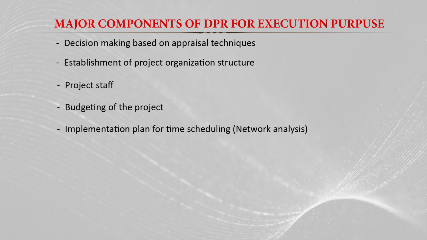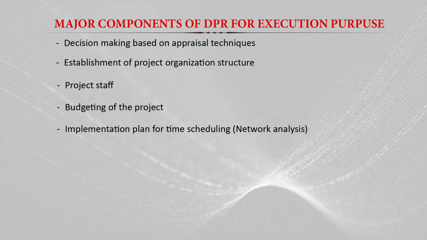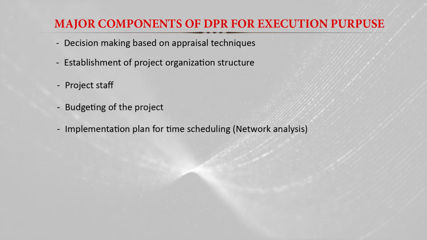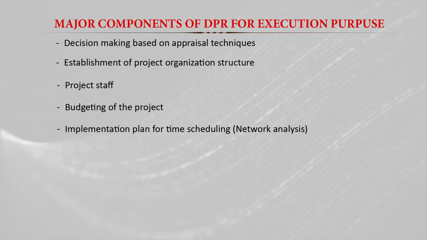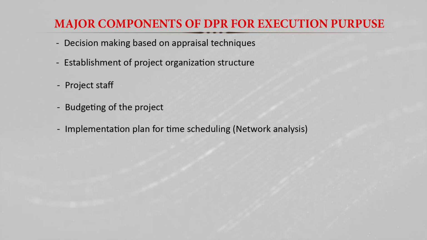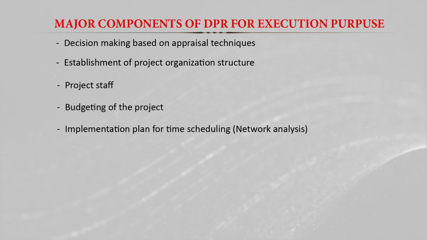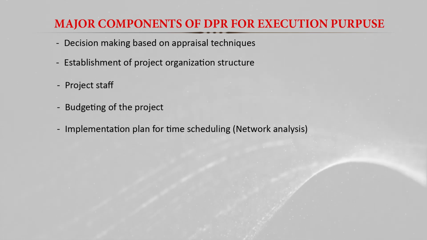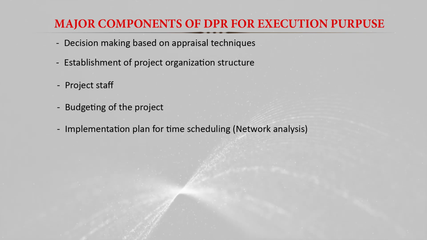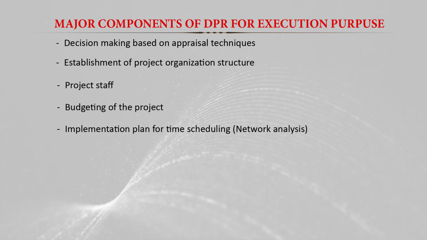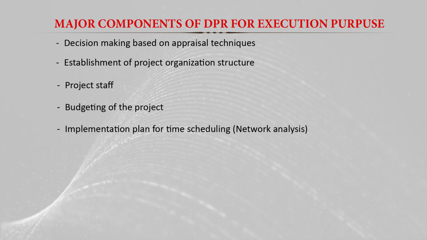Then in the DPR we also define the implementation plan. Here we prepare the time scheduling of the project. For preparing the time scheduling of different activities, we can use network analysis, CPM or PERT analysis, and we have to prepare the detailed time scheduling of all the activities which have to be undertaken for the project implementation.